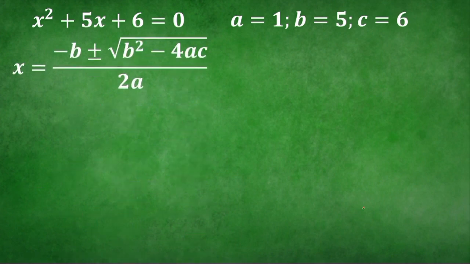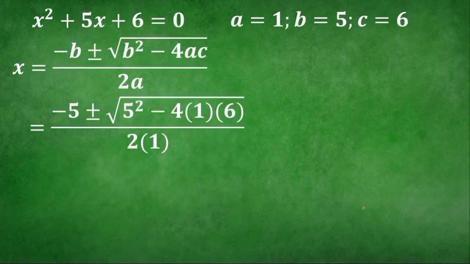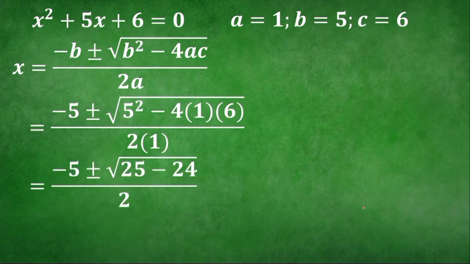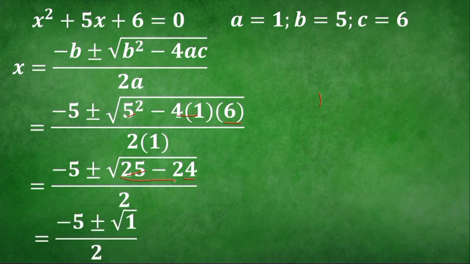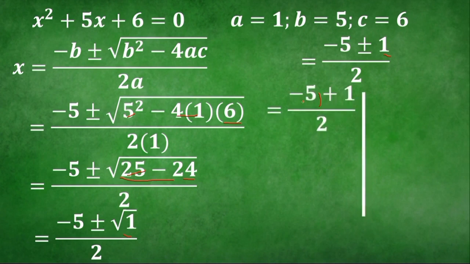Rewrite the formula, substitute everything, and then you'll have 5 squared is 25. 4 times 1 times 6 is 24. 25 minus 24 is 1. Then the square root of 1 is 1. And separate them. You'll have negative 5 plus 1 over 2 and negative 5 minus 1 all over 2.